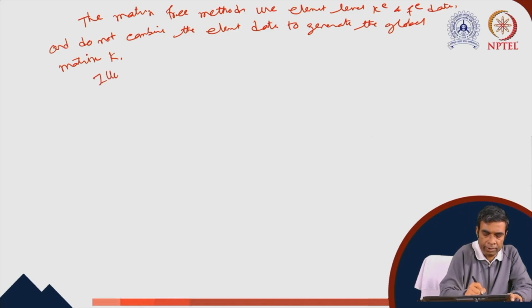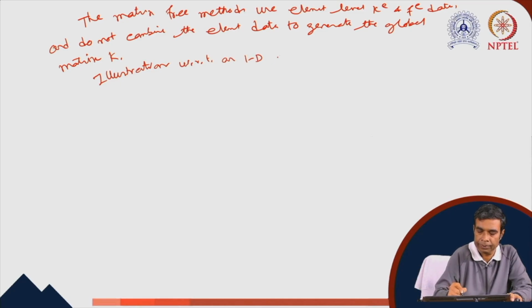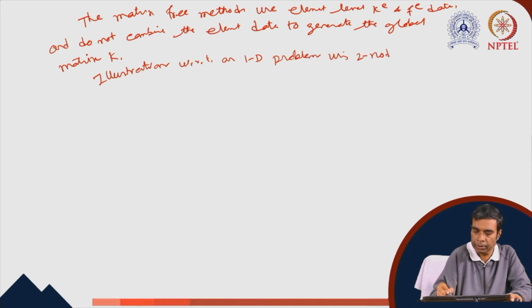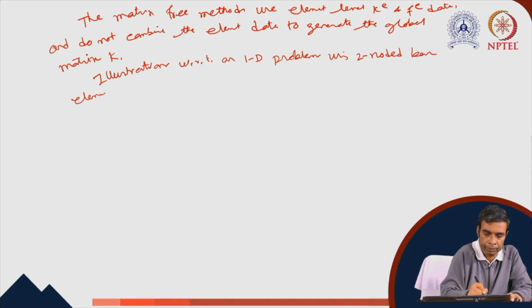So, the concept of the matrix-free methods we can illustrate with respect to a simple problem. Illustration with respect to a 1D problem using two noded bar elements and GFEM.